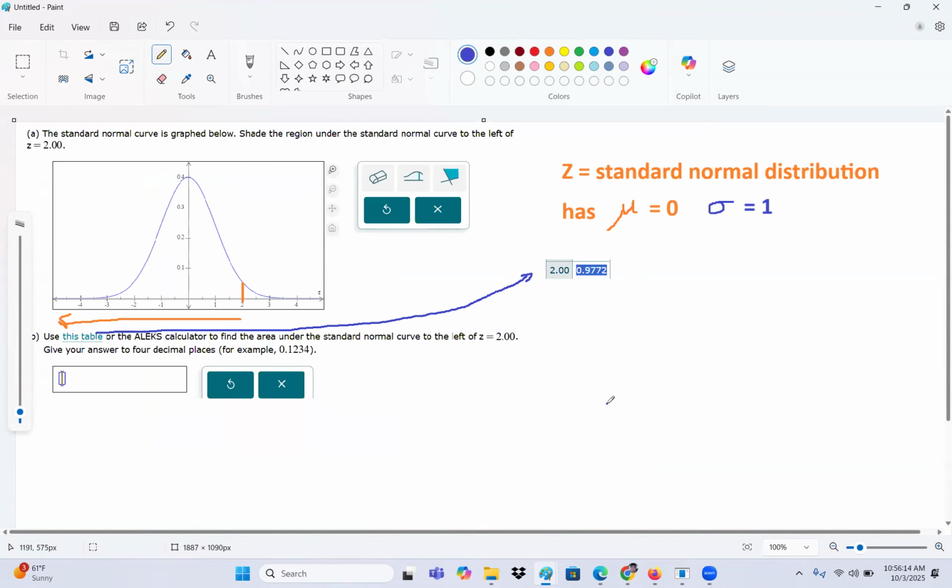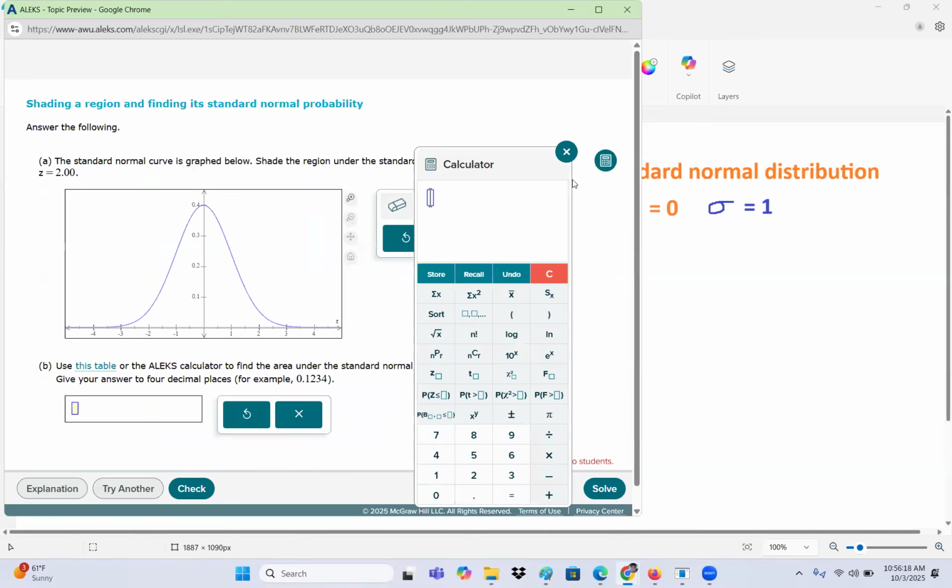We can also use a calculator, but I prefer you use a calculator, like I said, because it's going to be so much easier. So the Z of 2, you can get the answer, which is 0.977.